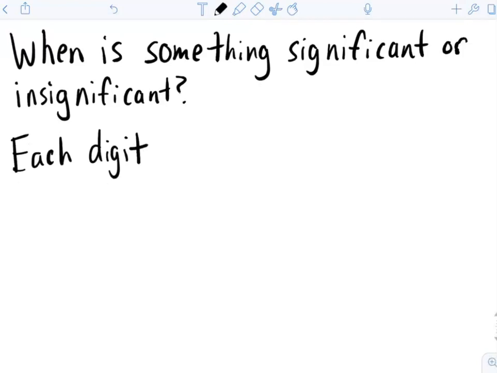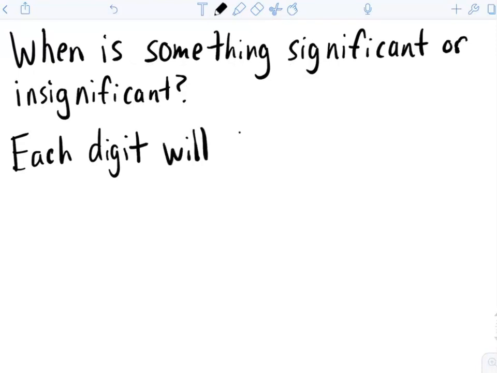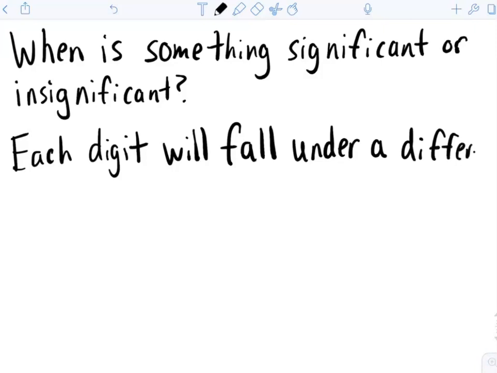So again, remember, each digit is each individual number that makes up your overall number will fall under a different category. And so what we're going to do is we're actually going to go through these different categories and do some examples. So the first category that we have is numbers 1 through 9.